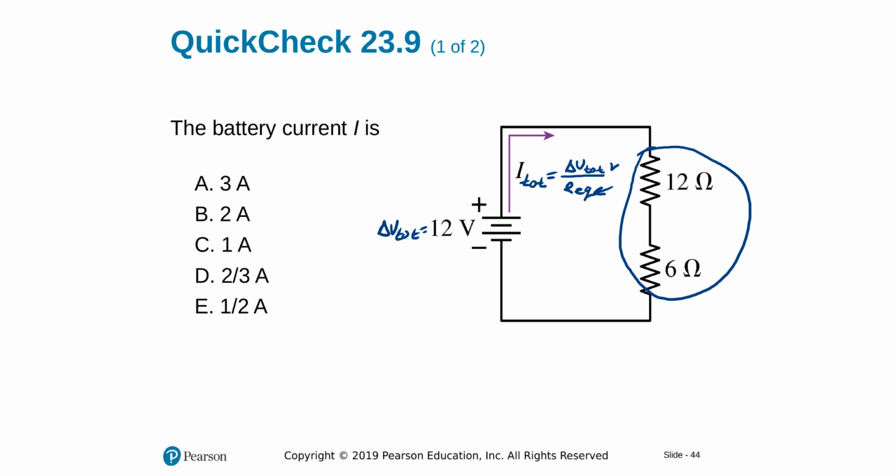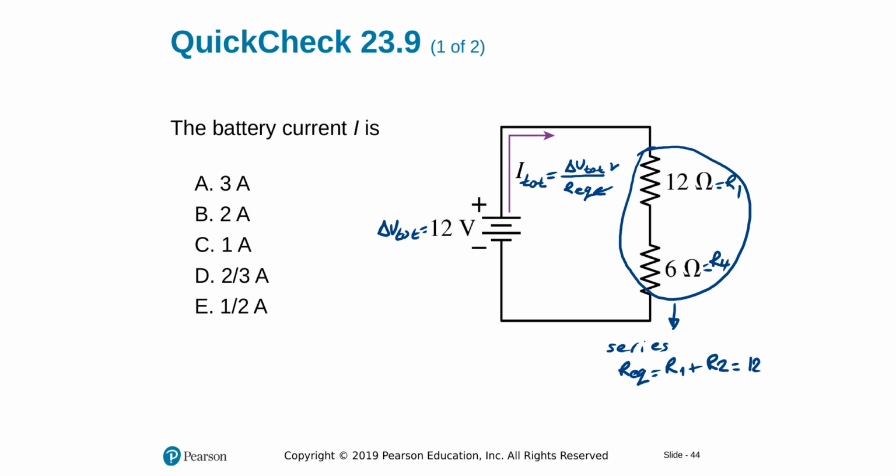I have two resistors with two different resistances, and I'll add them because they are in series. R equivalent is equal to R1 plus R2.